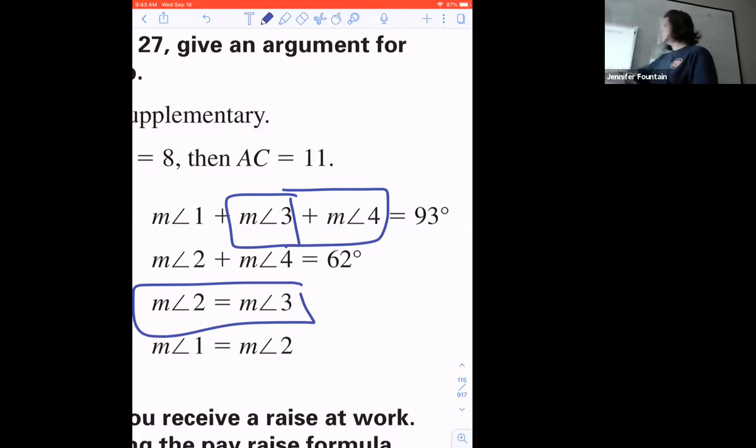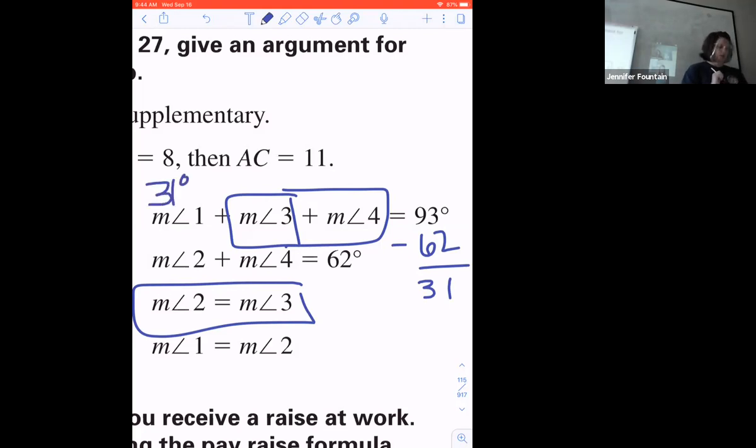Since these are the same, 3 and 4 are going to equal 62 degrees, okay? So I'm going to start by subtracting 62 from 93 and end up with 31 degrees, right? So the measure of angle 1 is 31 degrees, and the measure of 3 and 4 together is 62 degrees.